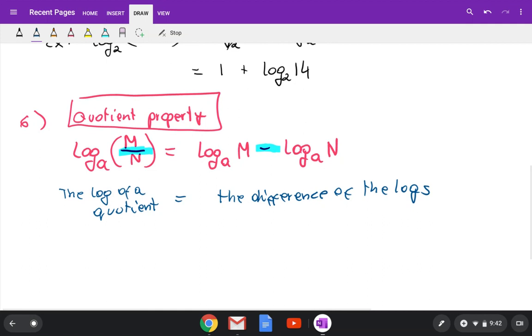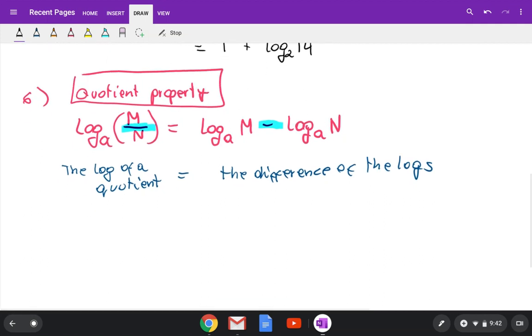And let me show you an example with the quotient property. Log base 2, let's say, of 2x over 5.